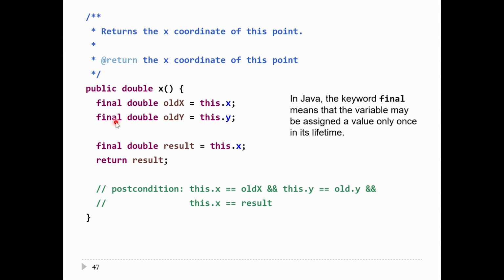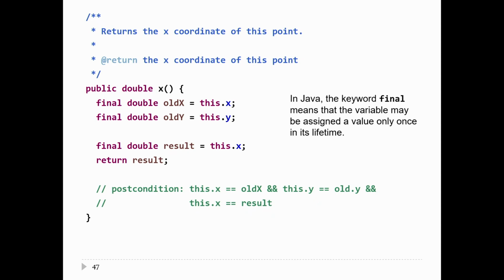I'm going to mark them final, so I know that old x and old y really are this x and this y. I can't change old x and old y anywhere else in the method. My result is going to be this dot x, and it's also final. So once I assign the value to result, I can't change it. And now we return result.